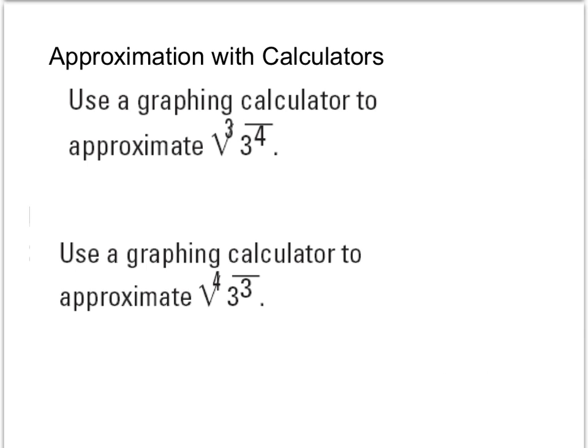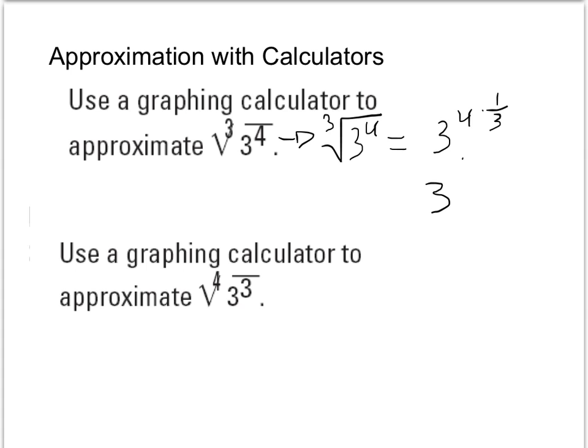Okay, now some of these won't work out to be perfect, but we still want to use our calculator to solve one of these. So this may not be clear, so let me rewrite this. If I am finding the cube root of 3 to the 4th, I could rewrite that as 3 to the 4th times 1/3, because I'm taking the cube root of it.